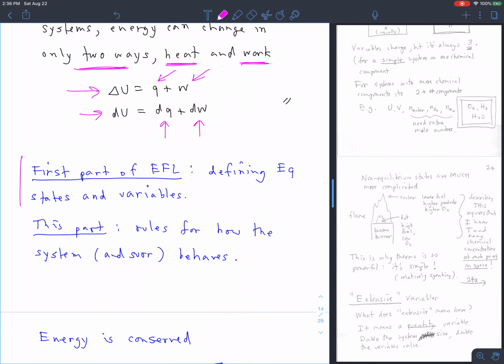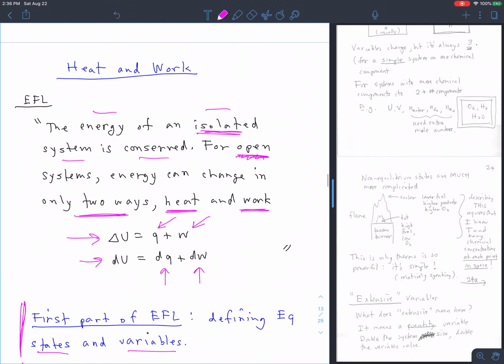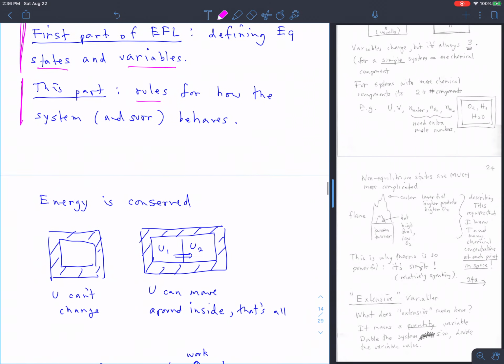The first part of the extended first law was talking about states and variables, very important and very, very basic. But now this part, we're starting to talk more about the rules for how the system itself behaves. We're talking at least about, in this case, how energy is transferred in and out of the system, or in the case of an isolated system, the fact that the energy is conserved. All right.